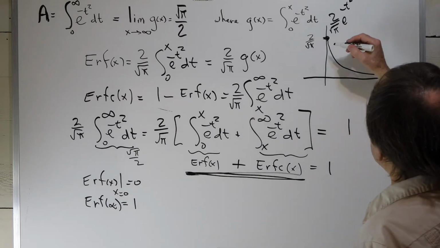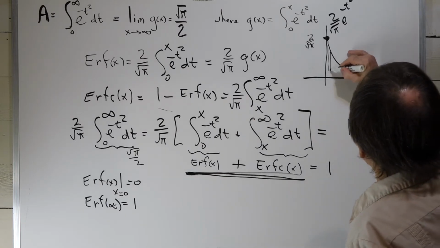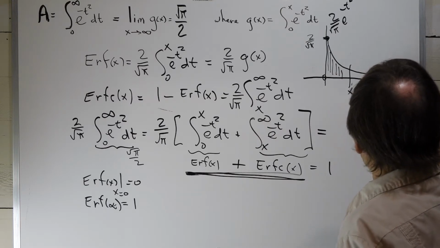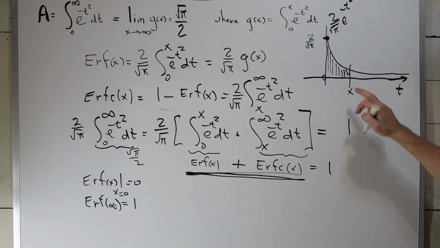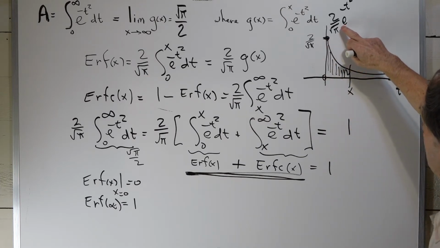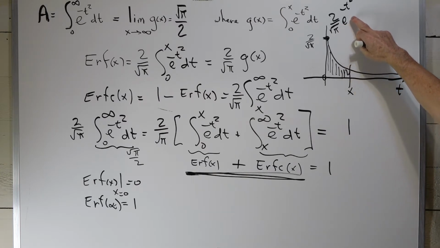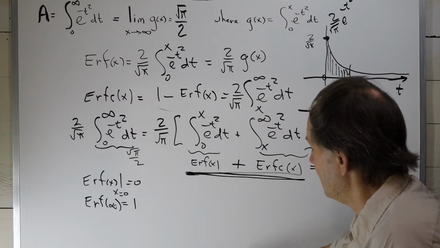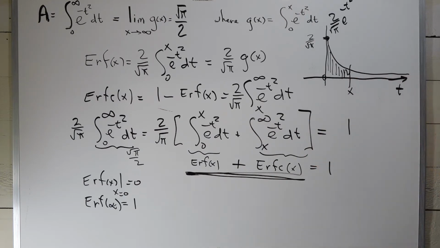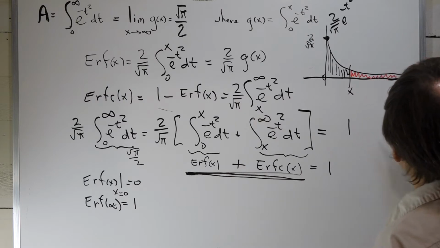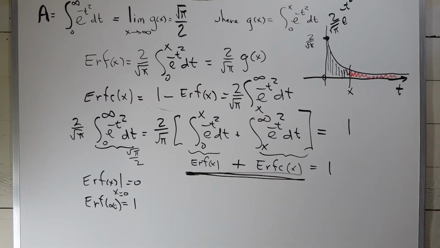Now, this portion of the area under the curve from 0 to x is the error function. The error function is the area under the curve of 2 over the square root of pi e to the minus t squared from 0 to x, and the complementary error function is just the remaining area from x on out to infinity.